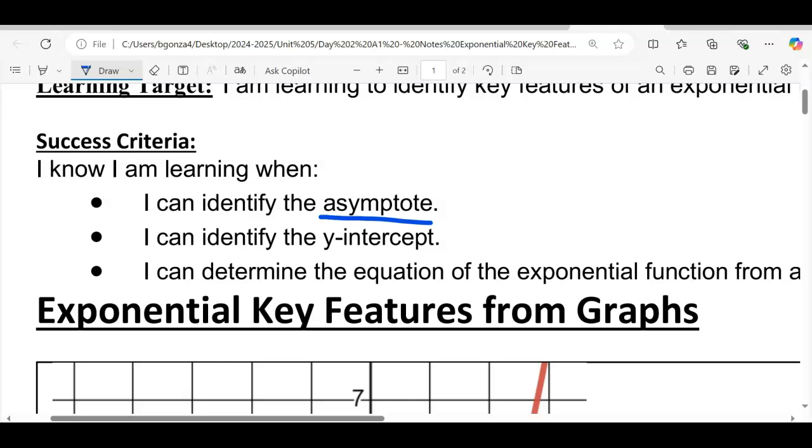Like phone. It starts with a P, but you don't say "pone." So the P is silent. It's asymptote. Just so you know what I'm saying when I'm saying this word. Asymptote.